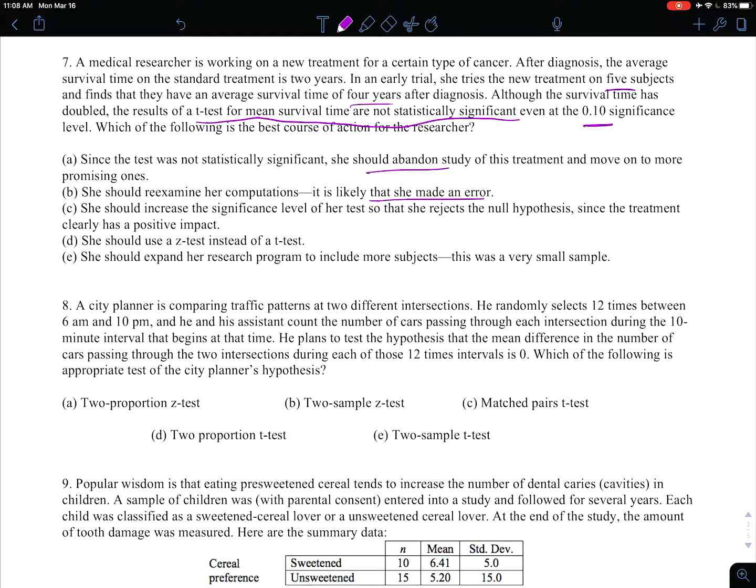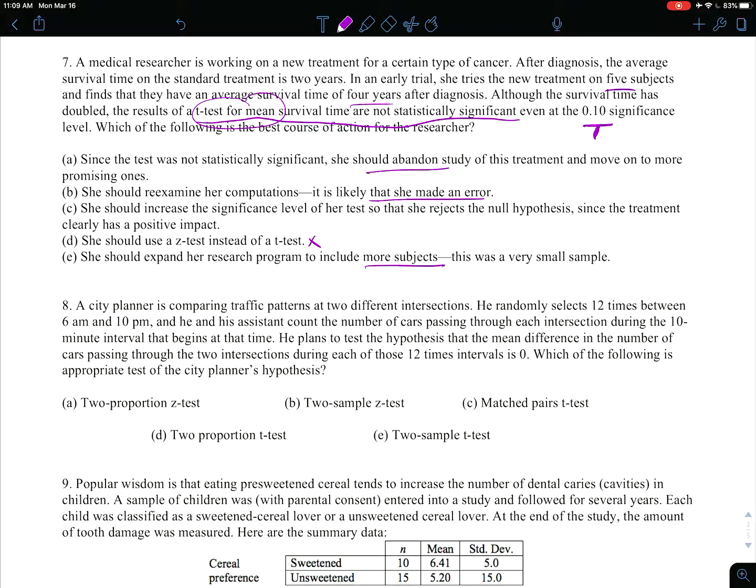And as far as significance levels we've talked about, 0.1 is pretty much as big as we're willing to go. Use a z instead of a t. There's no need for that. This is a means t-test. Of course it is. So don't use z. Let's see. Expand the program to more subjects. Well, we always like to say that as we increase n, we get more specific.